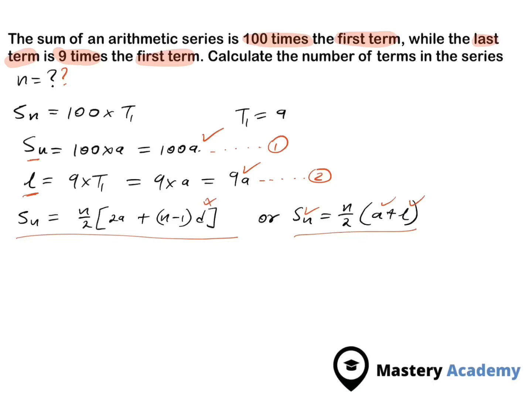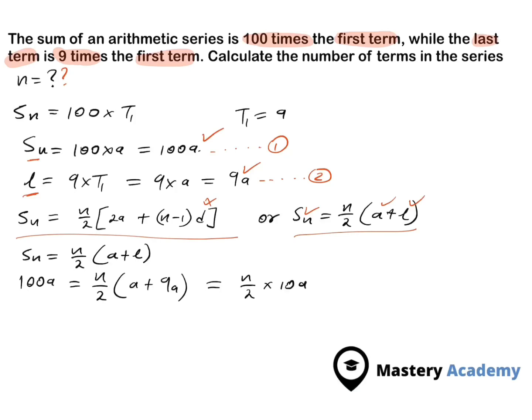Using this one, Sn is equal to n over 2 (a + L), and then we substitute what we know. Sn is 100a, so 100a is equal to n over 2 (a + L), so we put 9a, and then this is equal to n over 2 times 10a, because a plus 9a gives us 10a.